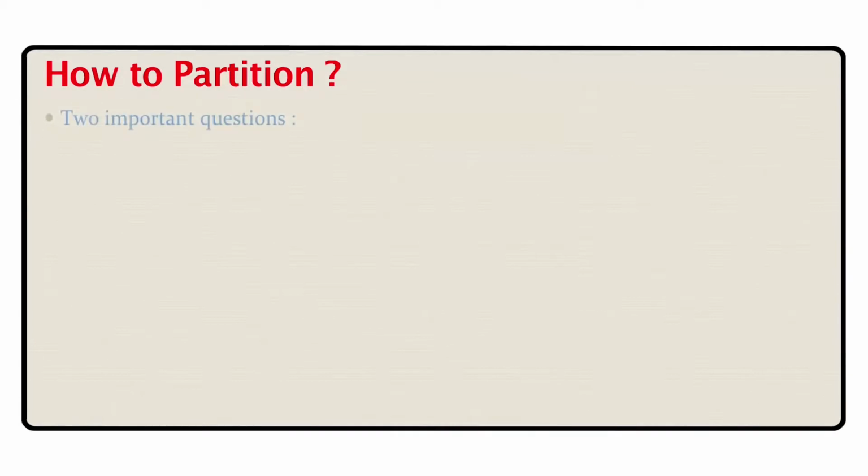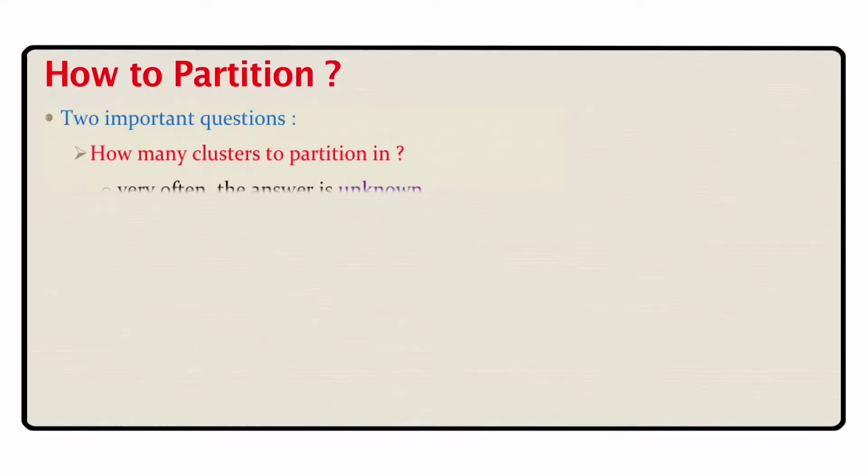The 2 important questions that come readily would be, firstly, how many clusters to partition in. Mind you, if you go back to the last example I gave you, we had decided that there are 4 tables. But then we may not decide on the number of tables beforehand. We may decide on the number of tables based on the number of individuals who are similar and whom we want to have on the same table.